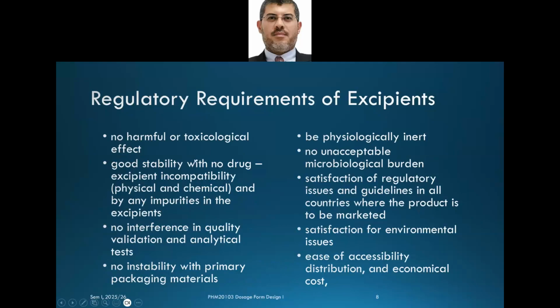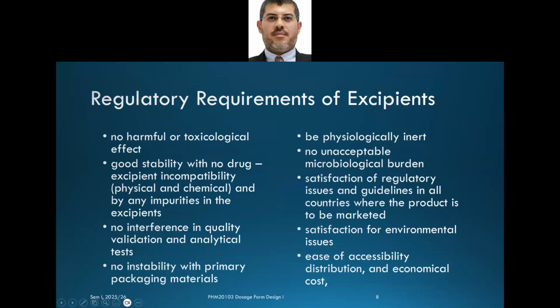It should have good stability and should have no incompatibility with the drug. There should be no drug-excipient incompatibility, meaning that they don't interact physically or chemically in a way that will deactivate the drug substance. And this interaction also should not happen through any impurity in the excipient.